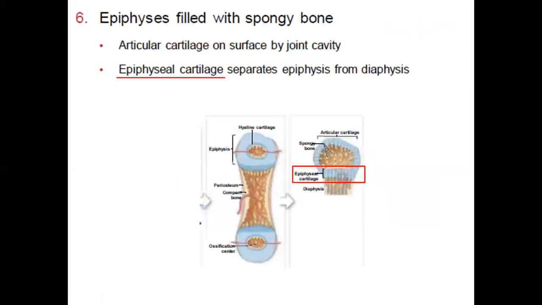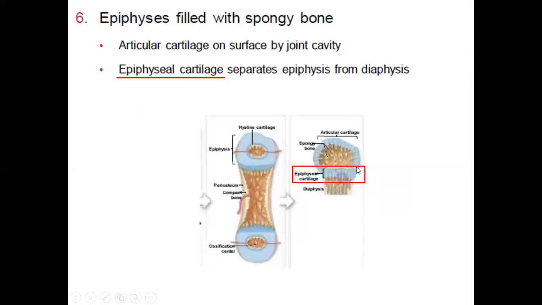The epiphyses fill with spongy bone, and they leave a layer of cartilage here between the epiphysis and the diaphysis down here. And that layer of cartilage will be the framework for new bone to be laid down, so that you'll lay bone down, build bone here, and the bone gets a little bit taller.